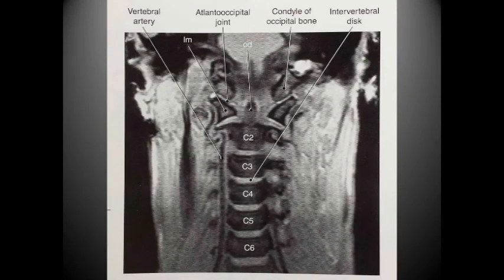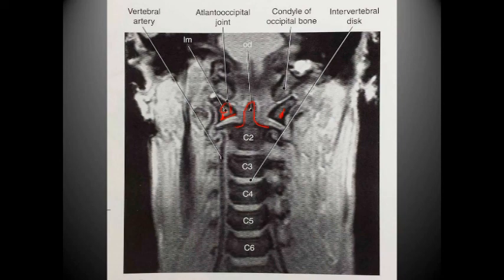The cervical spine, we have C1, and then C2, C3, C4, C5, and C6. We have the odontoid process here, and we have lateral masses of C1 on both sides.